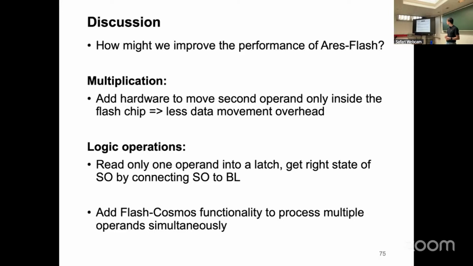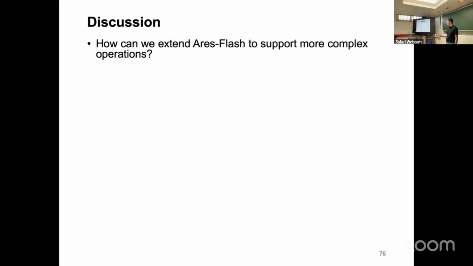So how might we extend Aries Flash to support more complex operations? So maybe floating point support, or matrix multiplication, or something.